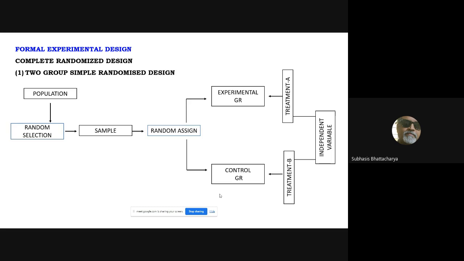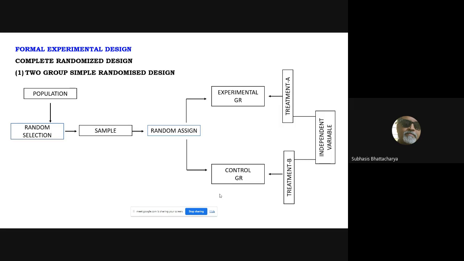So the two group simple randomized design is described here. In a two group simple randomized design, first the population is defined, and then from the population a sample is selected randomly.